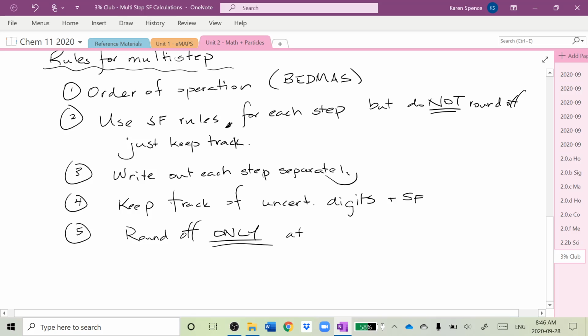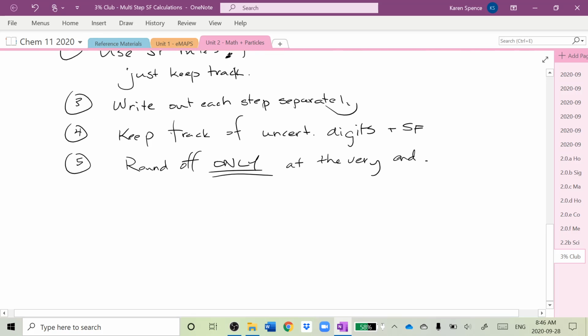Only at the very end. Alrighty. So let us do an example, which is not too terribly difficult, but makes us exercise these principles.